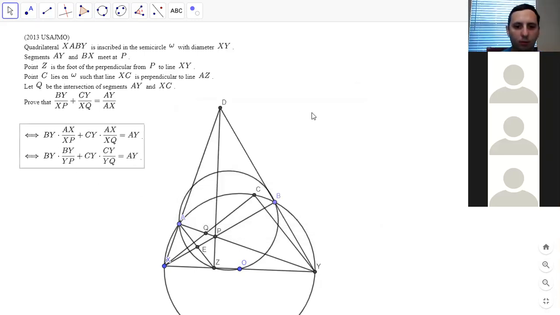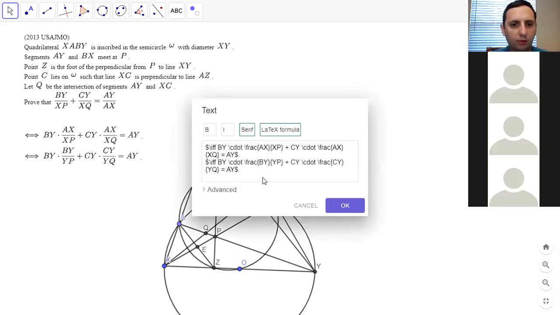You've got a BY squared and a CY squared. So I'll just change this to squared instead. Looks a little easier.